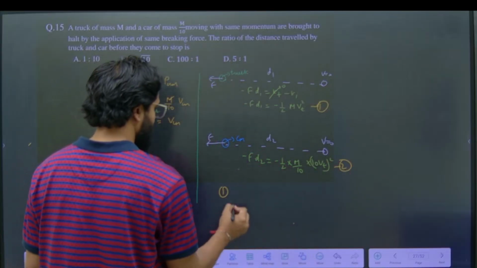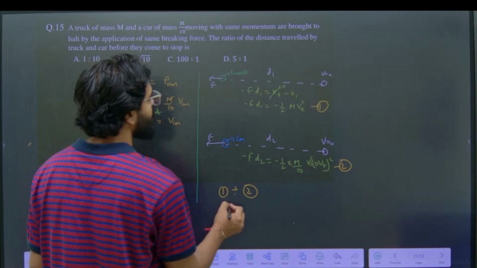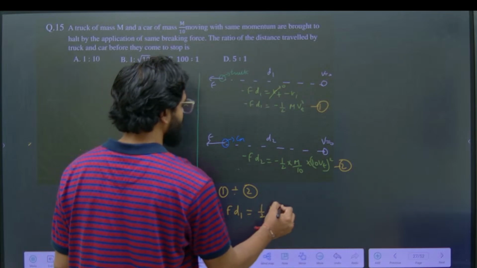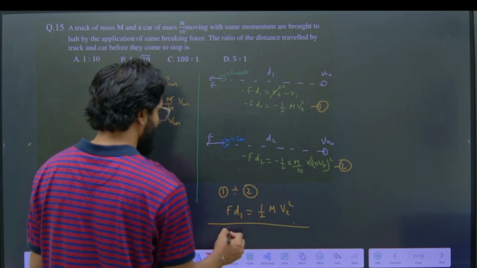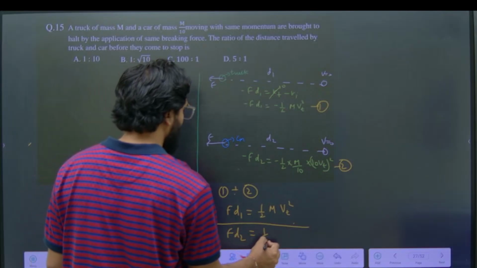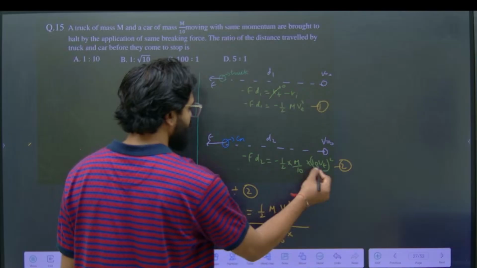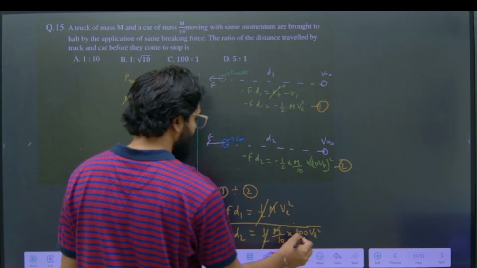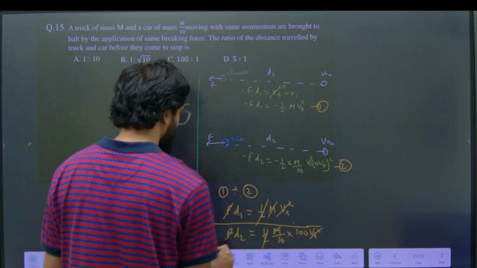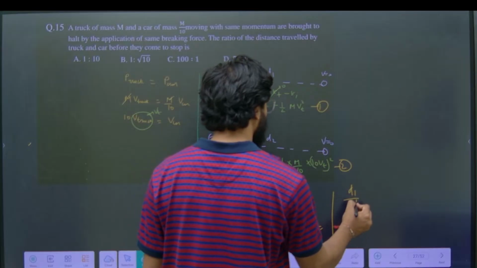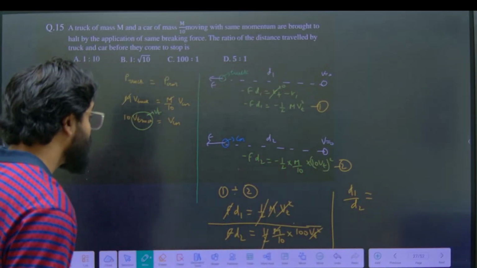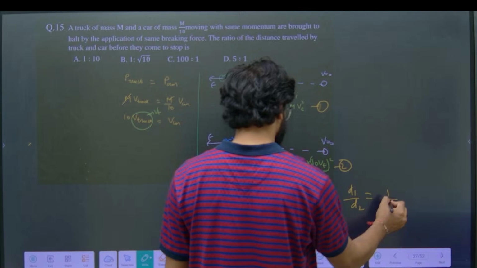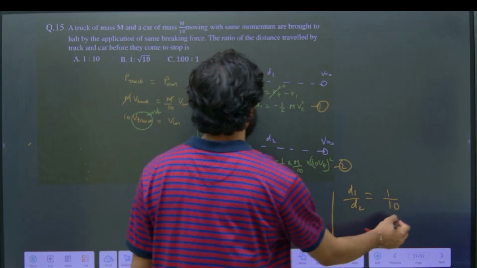So f d1 equals half m into v t square divided by f d2, which is half into m by 10 into 100 v t square. So d1 upon d2 will become 1 upon 10, correct?